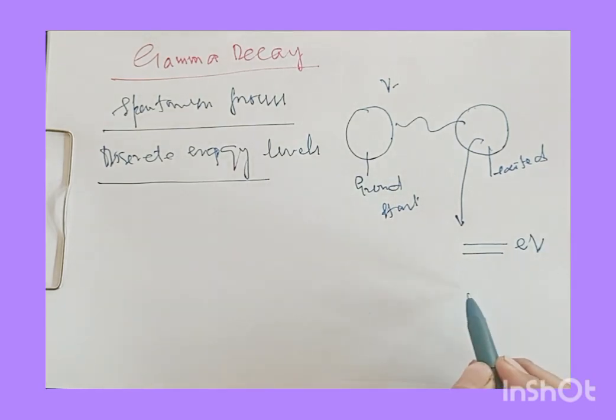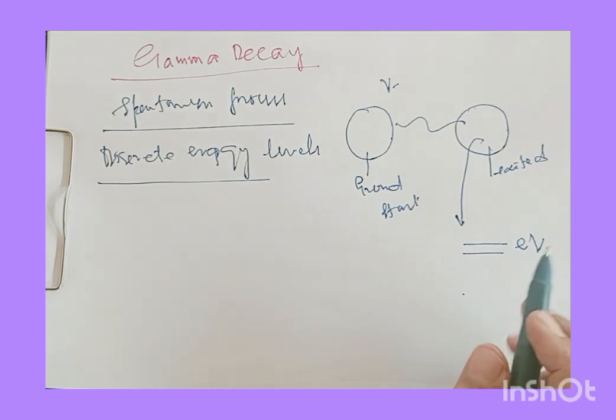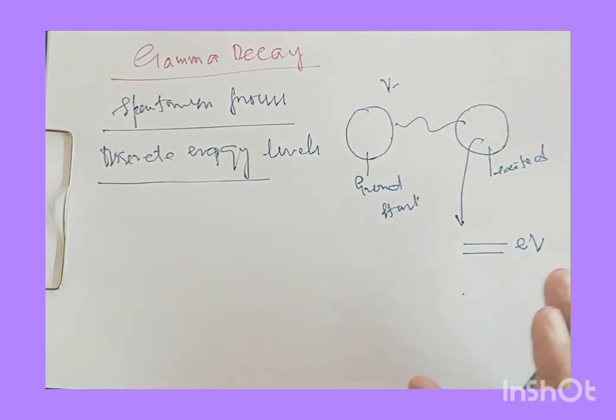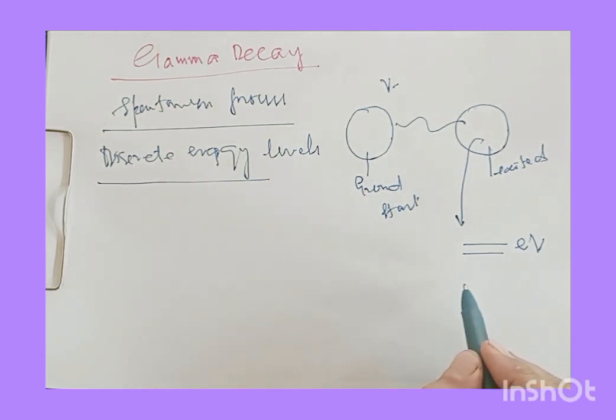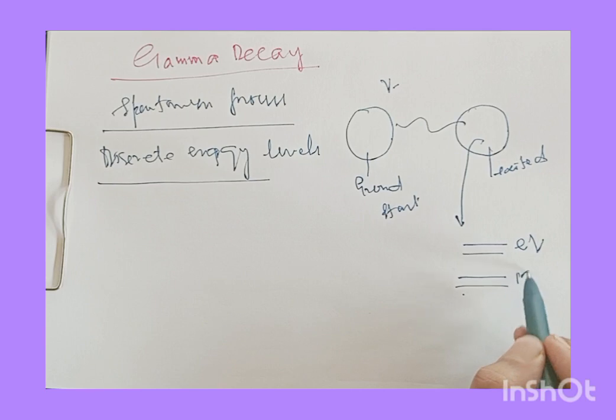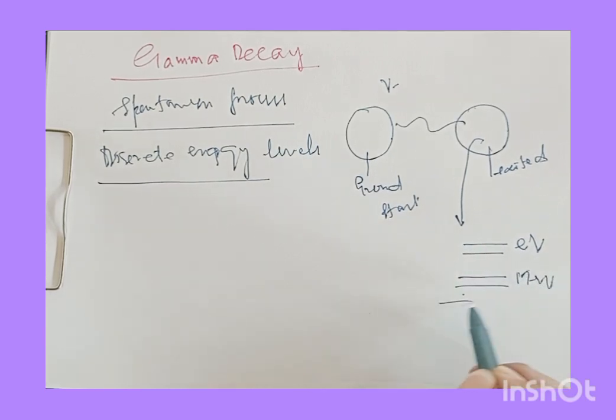And in the case of nuclear energy levels, the spacing between two successive energy levels of a nucleus is of the order of mega electron volts.